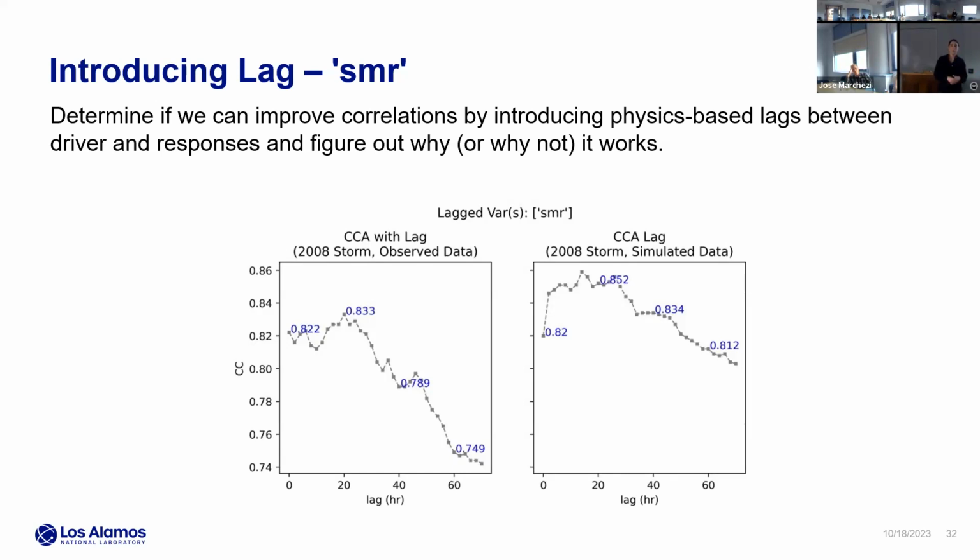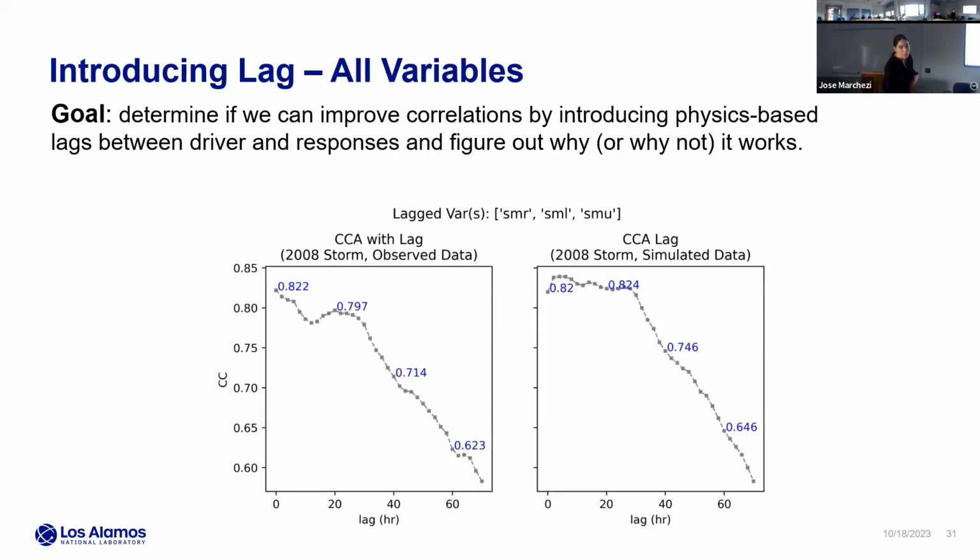So a lot of it is really just playing around and seeing, if we lag all of them or one, how does that change? For these examples, only SMR was lagged. We do have an example where all of the data is lagged. And of course, as we expected, you can't lag all the data, it just makes things worse. So it's more just playing around with it. And perhaps if we can find a way to filter the data to find something meaningful, it can inform what we might lag, if we choose to include this.